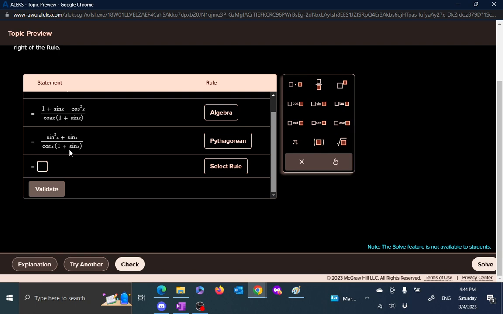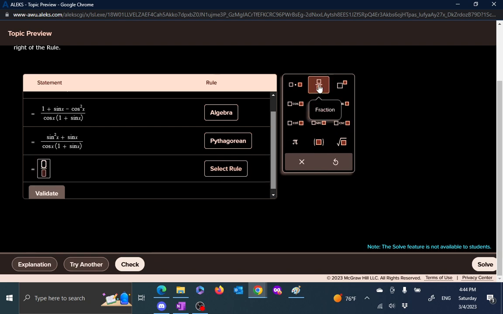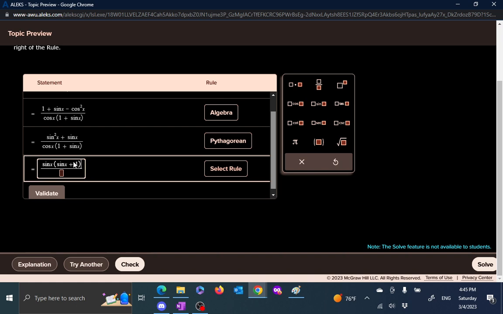Numerator and denominator, you see I have 1 plus sine of x, and from numerator I can factor a sine of x. So what do I get? Let's go in the numerator, actually factor sine of x times, we are left with sine of x plus 1. Is that right? When you factor sine of x from this, we get sine of x plus 1.